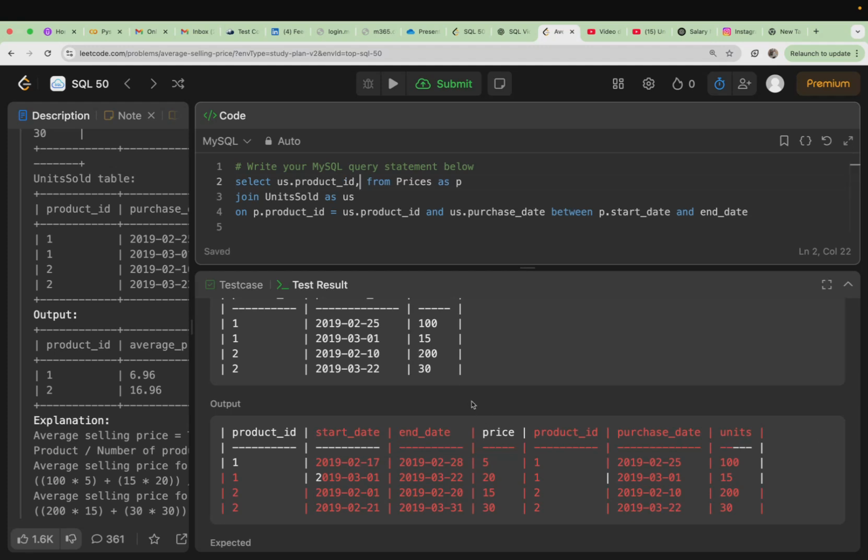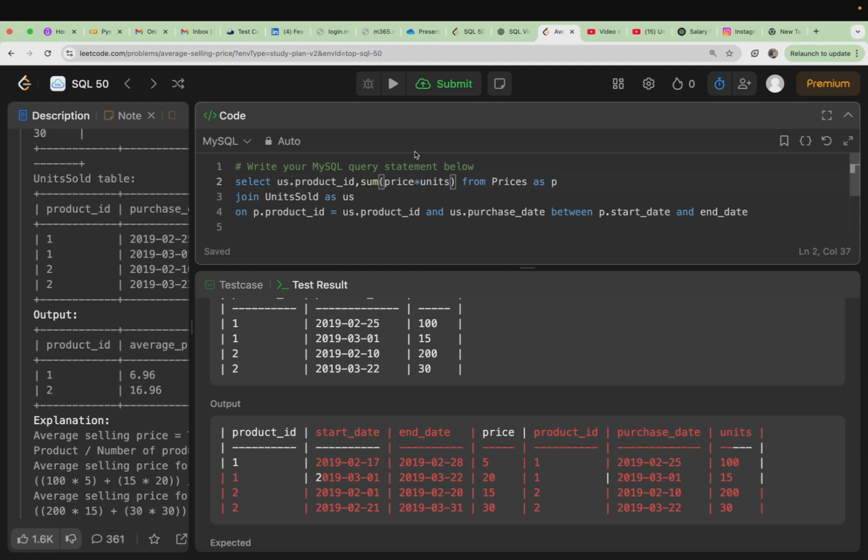Let's use the sum of prices and units. So before doing the sum of prices and units, we have to multiply them, correct? So inside the sum aggregation itself, we'll do the price multiplied by units.